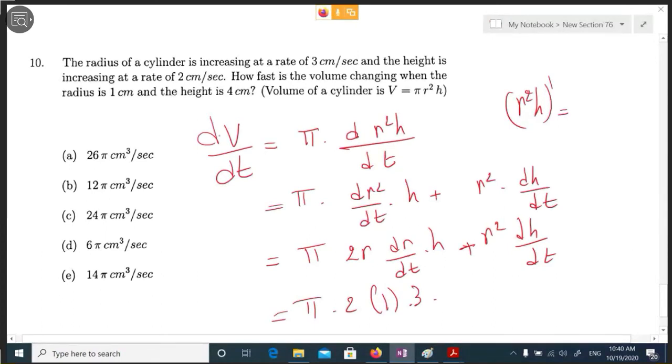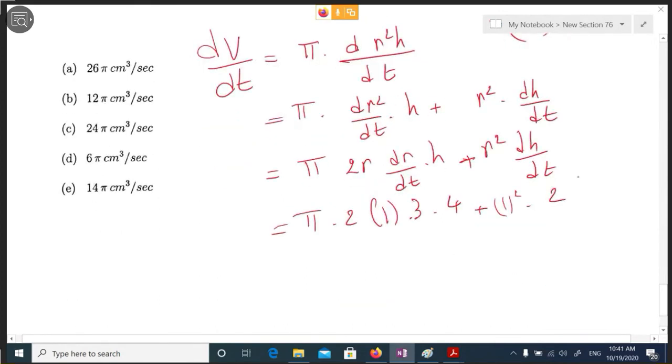And h at this instant is 4. Okay? Plus r squared. What is r squared here? Again, it is 1 squared times the rate of change of h. The rate of change is 2.